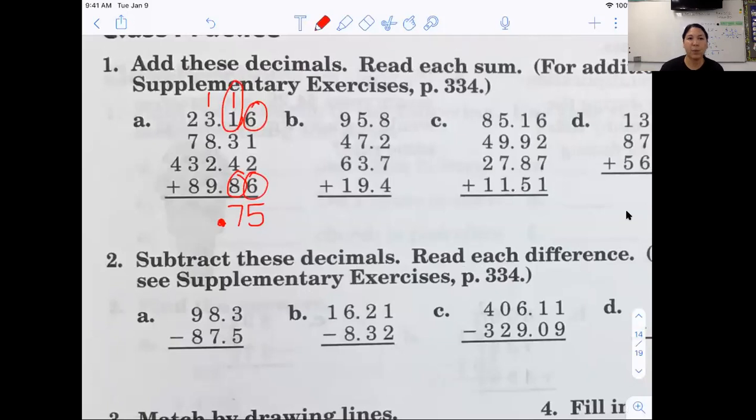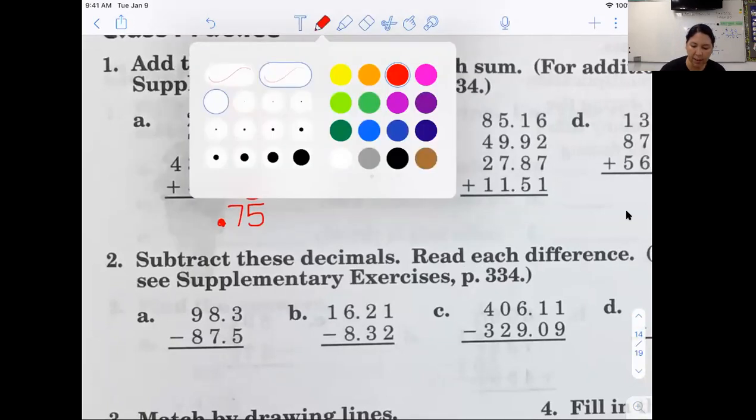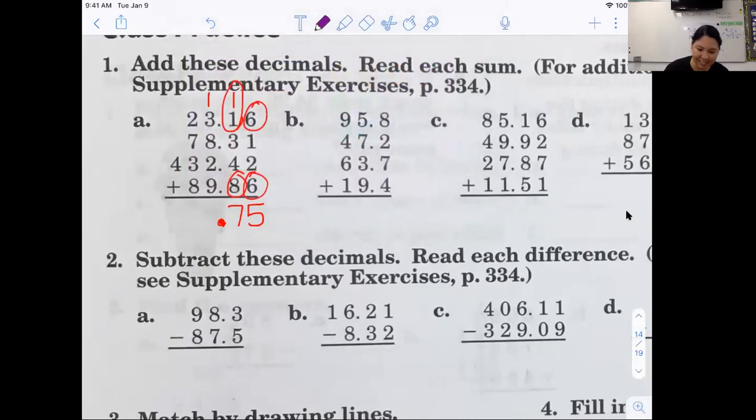All right, does anyone see a way to make a 10 here? I see 2 ways. 9 and 1 makes a 10, and 8 and 2 makes 10. So if we have 2 10s, what is that? 20, and then we've got that 3. 20 plus 3 is 23. So I'm going to carry my 2 up there. All right, do you guys see a way to make a 10 again?